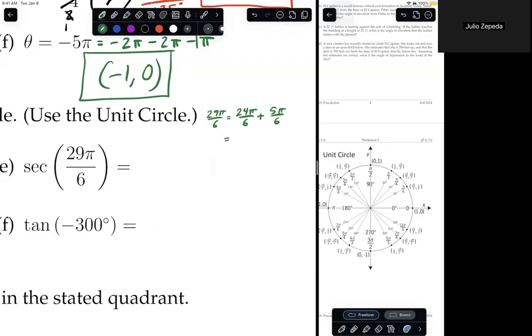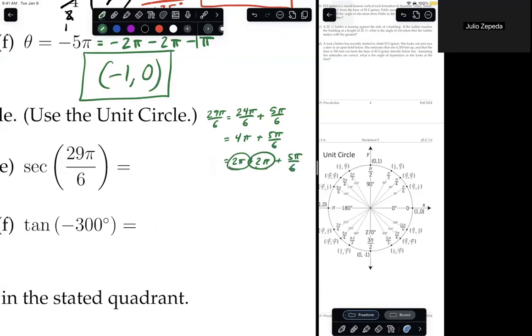And 24 pi over 6, if I divide that, is 4 pi, plus 5 pi over 6. 4 pi is 2 pi plus 2 pi. So notice that we have two full rotations that we can essentially ignore.